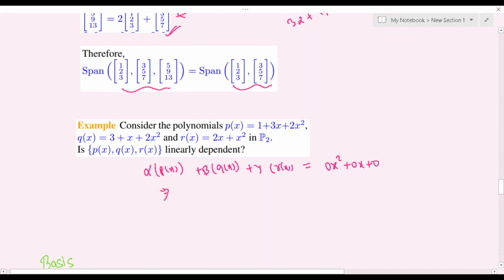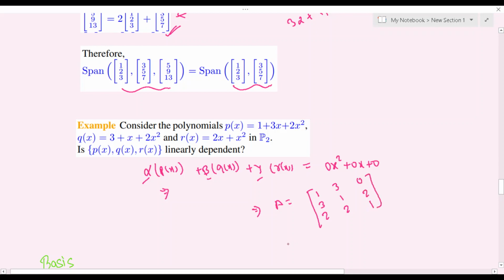We equate the respective coefficients of x squared, x and x to the power 0, and compute the values of alpha, beta and gamma. This is the first approach by which we can solve this. Another approach is to make the coefficient matrix, like this: 1, 3, 2, 3, 1, 2, and here 0, 2, 1.